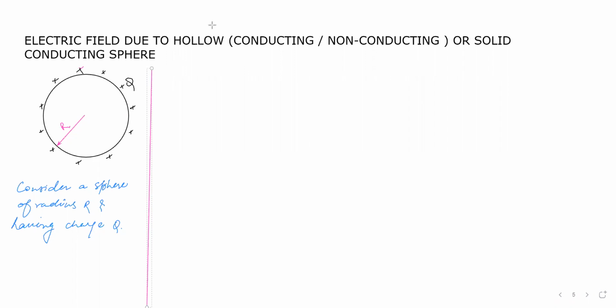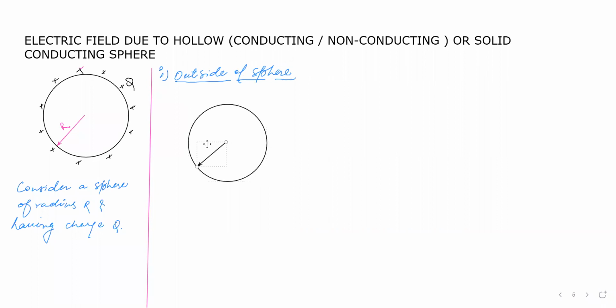In the first case, outside of the sphere. When you consider outside of the sphere, once again we are going to draw this sphere here. This is your sphere of radius r, having charge plus Q throughout this sphere.